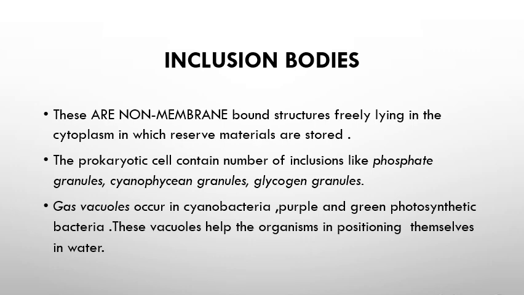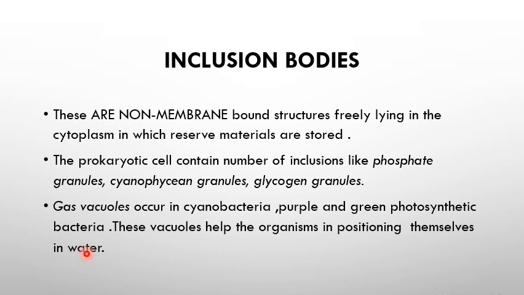There is one more body present, the gas vacuoles, which are present in cyanobacteria and in purple and green photosynthetic bacteria. These vacuoles help the organism position themselves in water. As we know, bacteria that live in water need to stay positioned, to stay in one place.